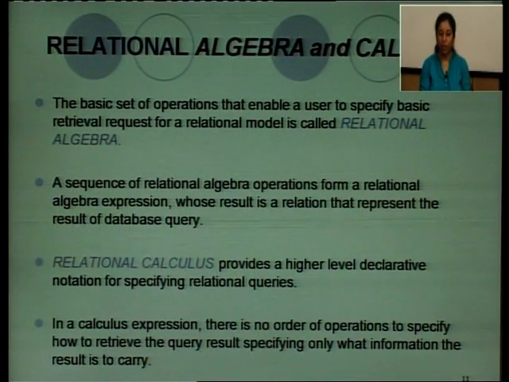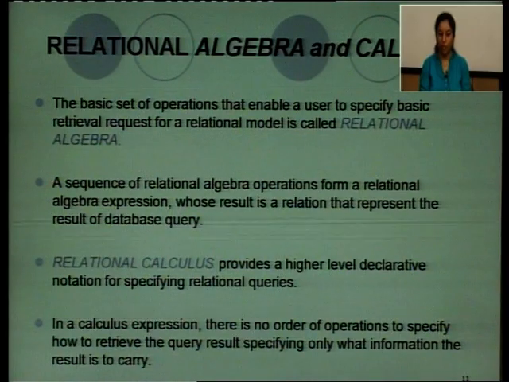Now, relational algebra and calculus. The basic set of operations that enable a user to specify basic retrieval requests for a relational model is known as relational algebra. The sequence of relational algebra operations forms a relational algebra expression whose result is the relation that represents the result of a database query.